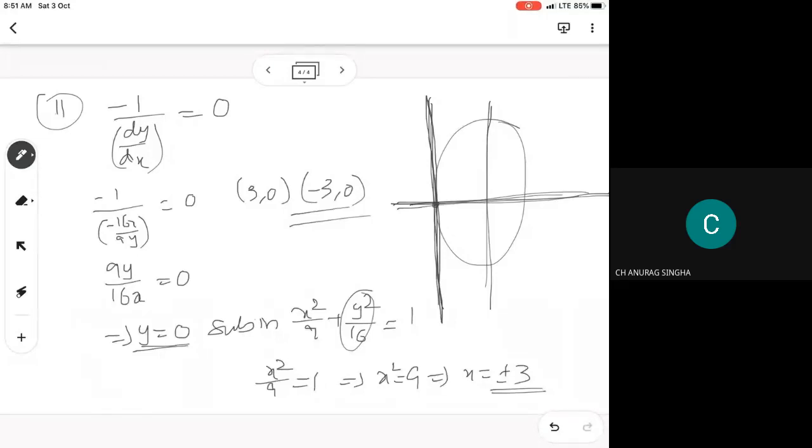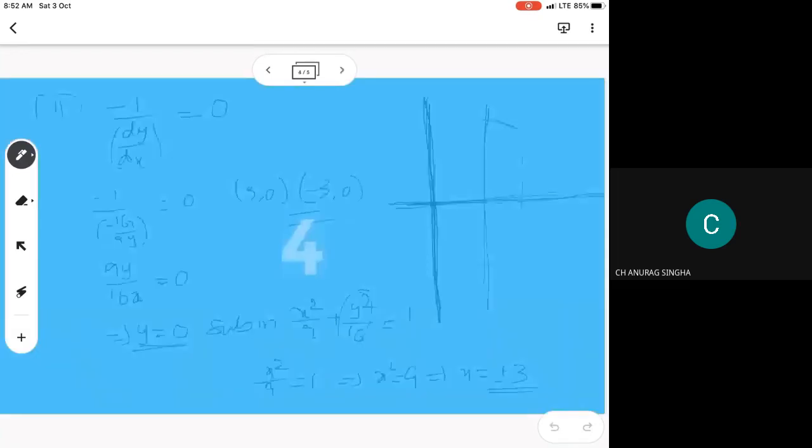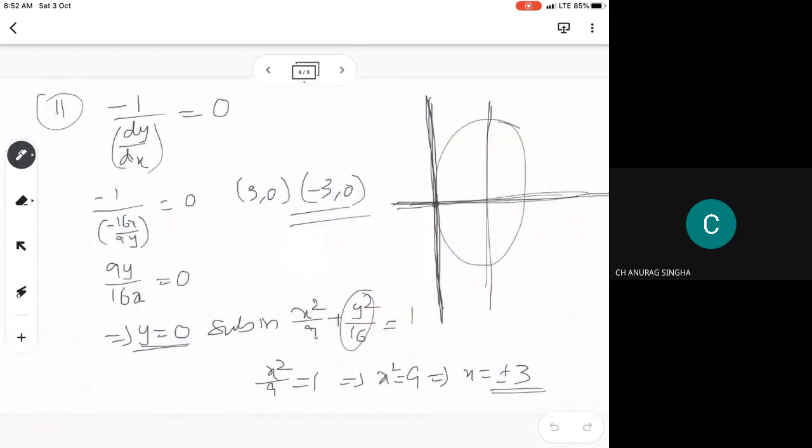So instead of taking it like this, it is better that when the tangent is parallel to the y-axis, the normal becomes the x-axis, because the x-axis and y-axis are perpendicular to each other. Did you understand? Normally, using applications of derivatives, you have to do it like this. Okay, so this is the problem.